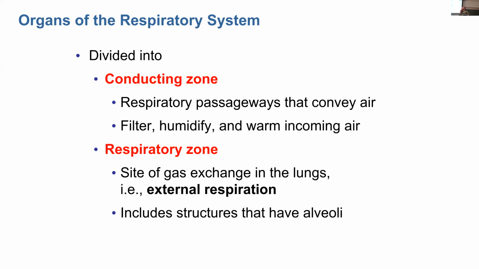Probably we won't get to that till Monday, but this is where that gas exchange happens. So the shorthand way to think about this is respiratory zone is where gas exchange happens. Conducting zone is where gas exchange doesn't happen. I'm going to start off talking about the conducting zone in detail. We're going to walk through the path of air through the conducting zone, and then we'll get to the respiratory zone, maybe today, maybe Monday, we'll see.